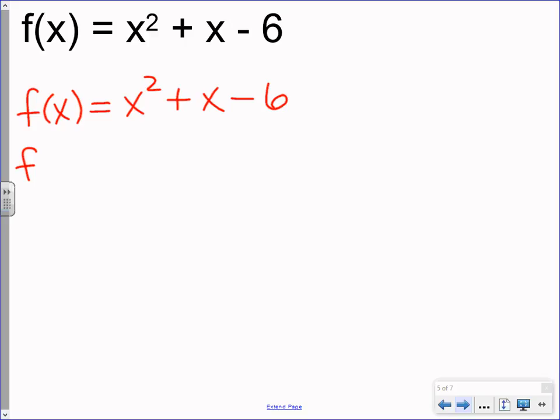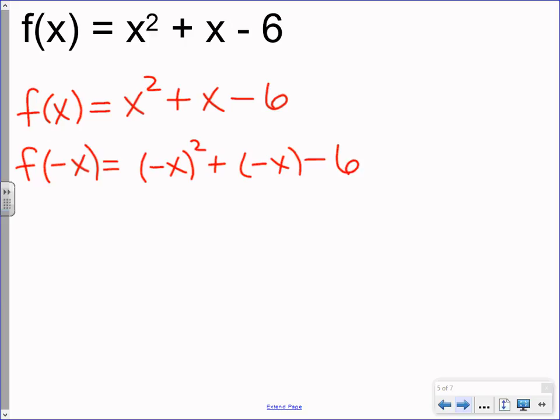Let's compare that to f of negative x. Remember, when you're plugging in negative x, anything you plug in, I would always put it in parentheses, whether it's just a negative x or a binomial like 2x plus 1 like we had in our other example. You need to get in the habit of plugging things in for x in parentheses. So wherever there's an x, we replace it with negative x.